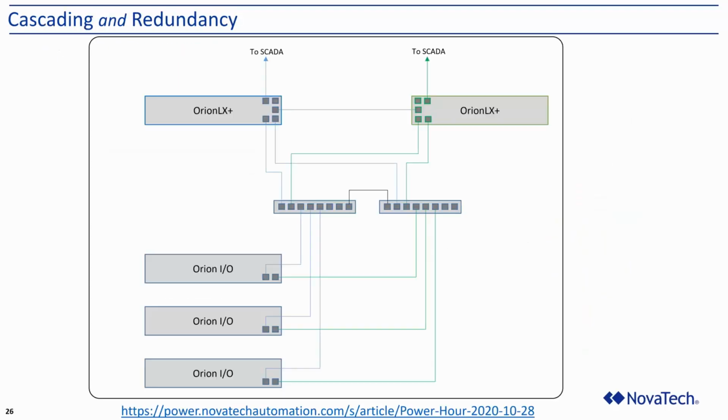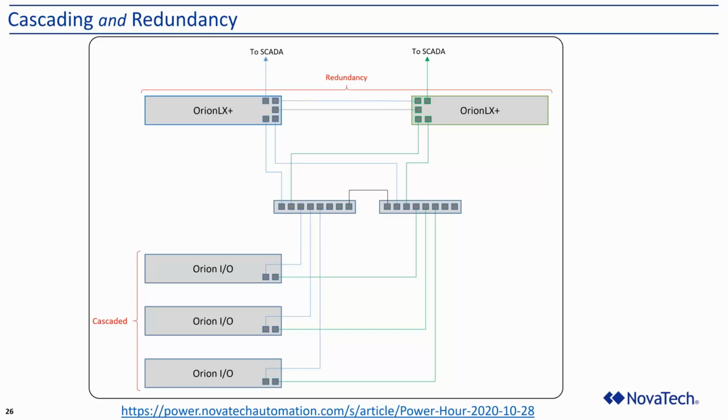This is on a larger application basis. You might have a large substation where you would like 2 Orion LX Plus RTUs communicating in a redundancy fashion, connected to network switches, and maybe you also have Orion I/Os in that application.